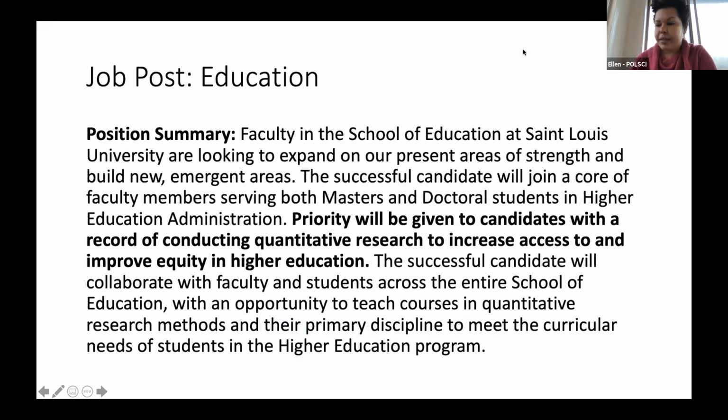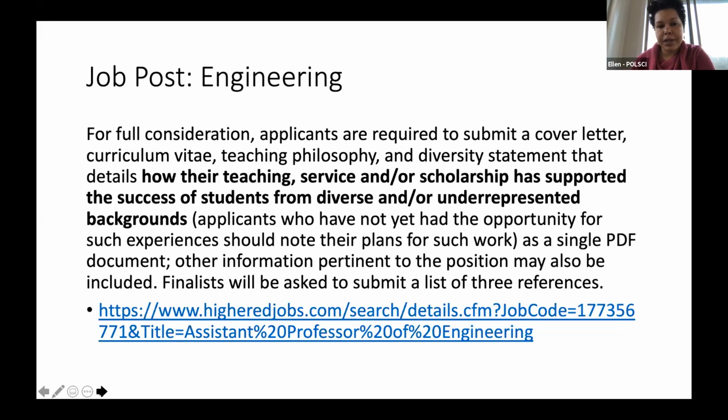Just by what you shared with me, it already shows how you are contributing and collaborating with faculty and students, helping first generation students. Now, let's see another example here from engineer.